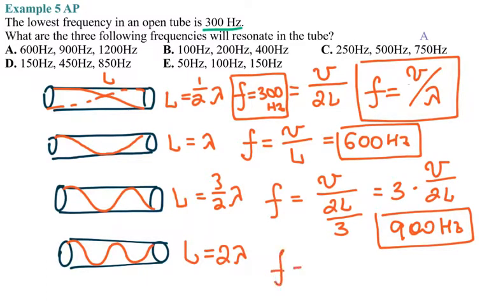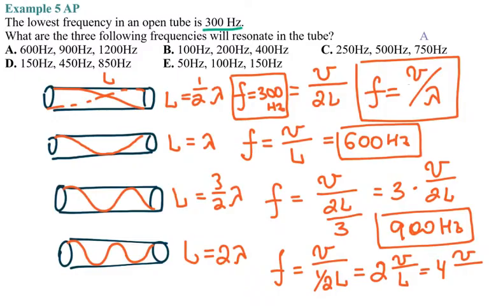So the frequency is equal to the velocity divided by 1/2 of L. And that means it's twice lambda over L, or it's 4 times V over 2L.